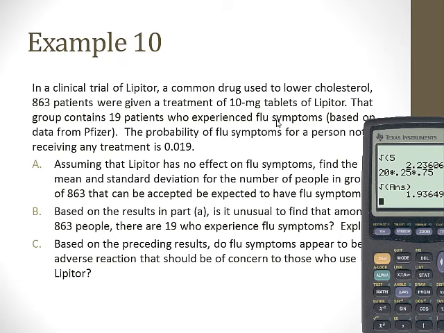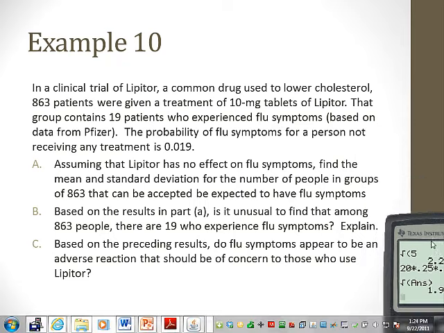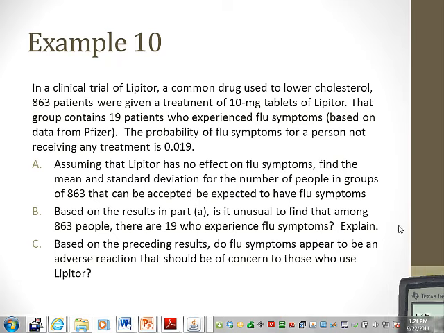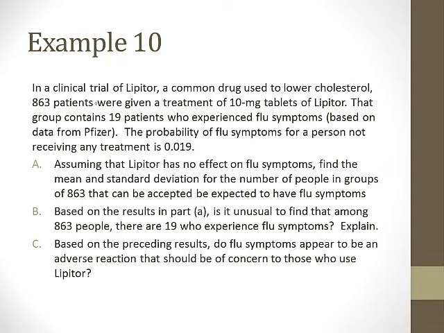Okay, last one, I think. See if you can read through this one and answer the questions. All right, welcome back. Clinical trial: Lipitor, a common drug used to lower cholesterol. 863 patients were given a treatment of 10 milligram tablet of Lipitor. That group contained 19 patients who experienced flu symptoms, based on data from Pfizer.